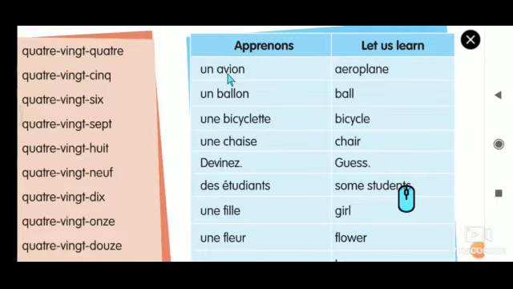Un avion, un avion, aeroplane. Un ballon, un ballon, ball. Une bicyclette, une bicyclette, bicycle. Une chaise, chair.